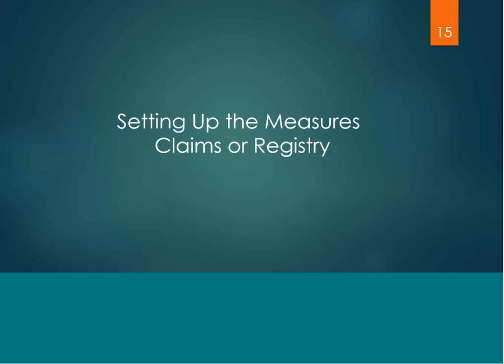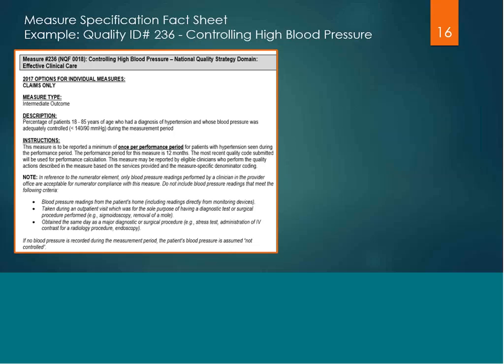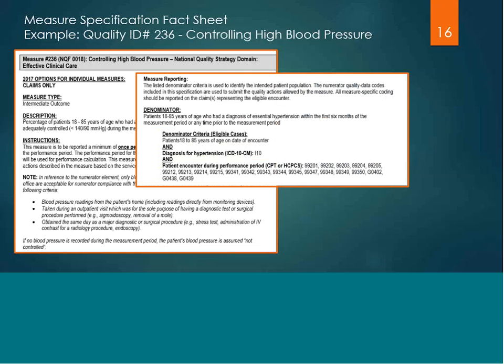So how do we set the measures up if we choose to submit them through claims or registry? So here's an example of a specification fact sheet, and as you can see, it goes into a lot more detail on how to carry that measure out. It will also list all the denominator data elements, and the denominator reflects the intended patient population.